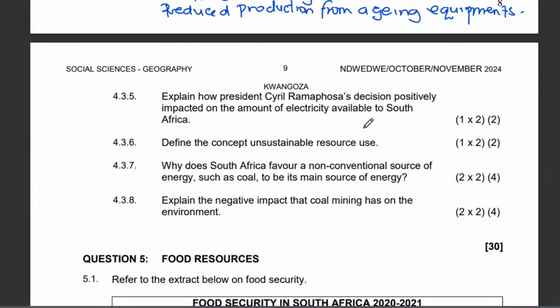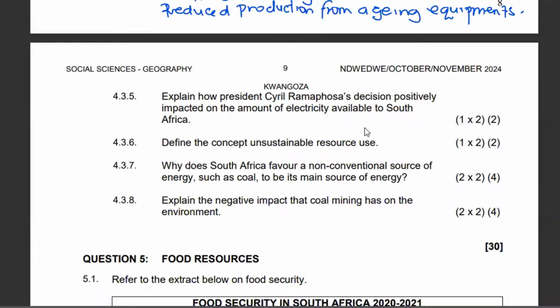4.3.5, explain how President Ramaphosa's decision positively impacted the amount of electricity available in South Africa. Okay, here you can talk about the private sector can generate its own power and sell the excess back to the grid.